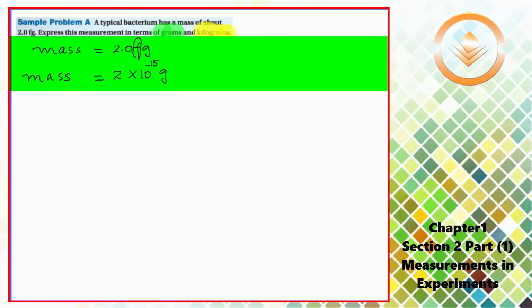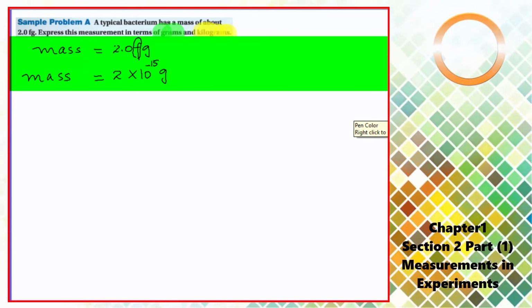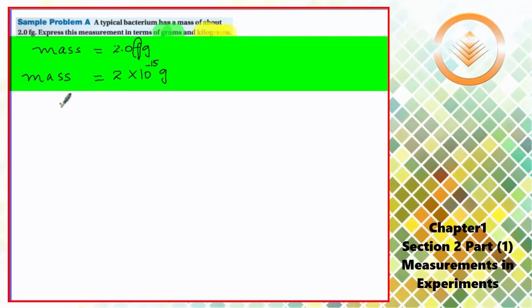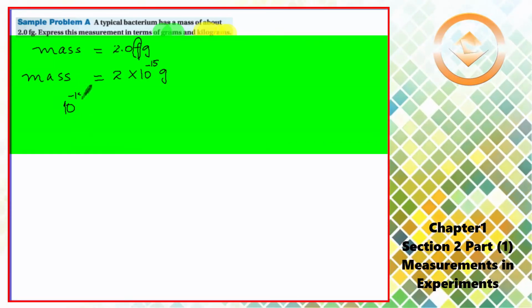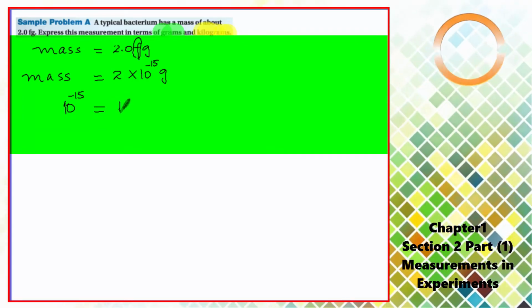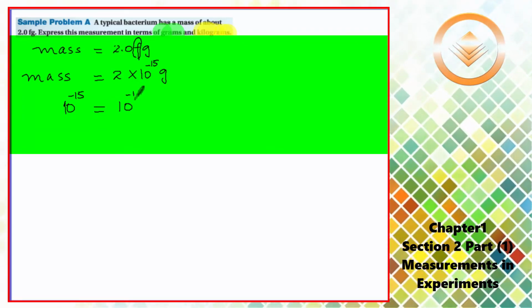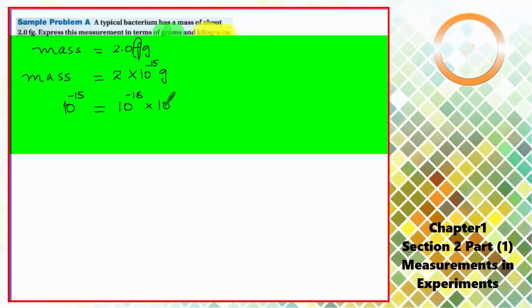What you have to do is try to express this 10 to the power of negative 15 as a product of 2 powers of 10. I can write 10 to the power of negative 15 as 10 to the power of negative 18 multiplied by 10 to the power of 3.